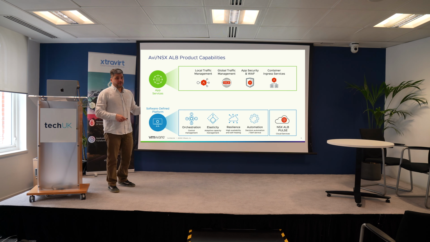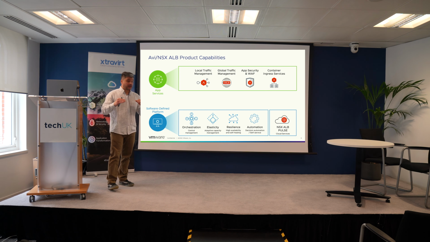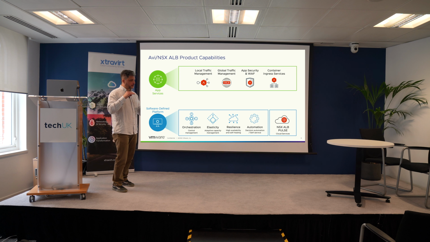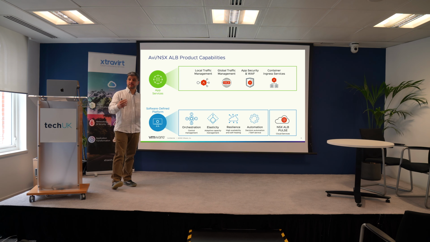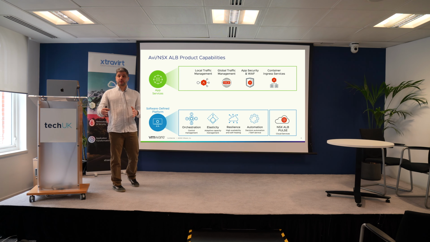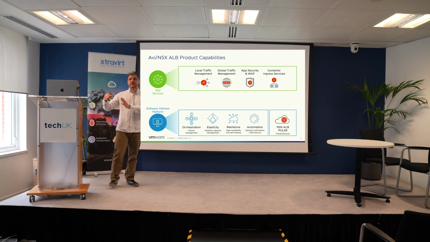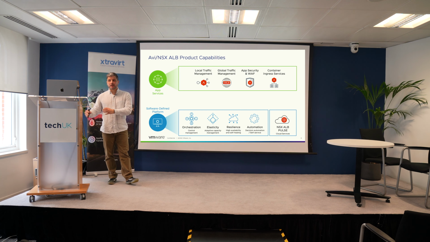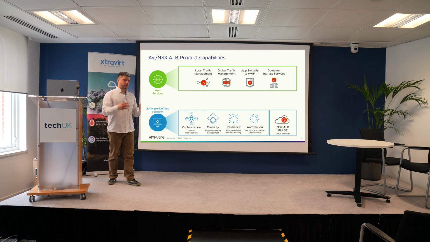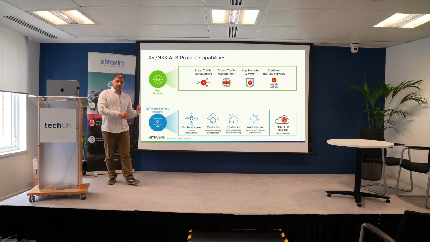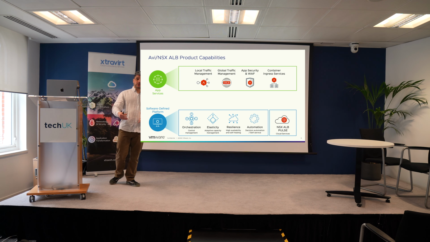App security in WAF, you have a layer 7 capability of blocking traffic and inspecting what is happening in the traffic based on behaviors. The container ingress services is, for example, if you have a TKG solution or a pure Kubernetes solution or OpenShift or something that basically uses a containerized solution, you are able to use Avi as an ingress controller instead of using the built-in solutions.